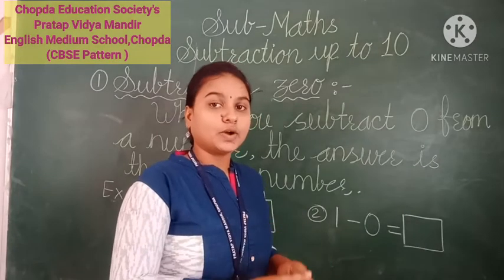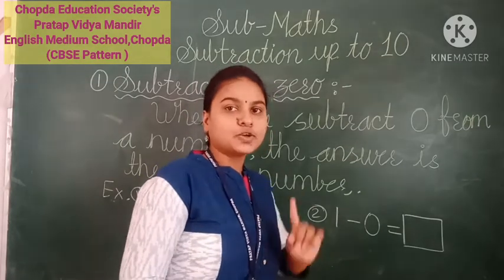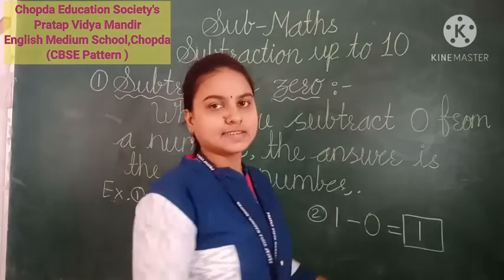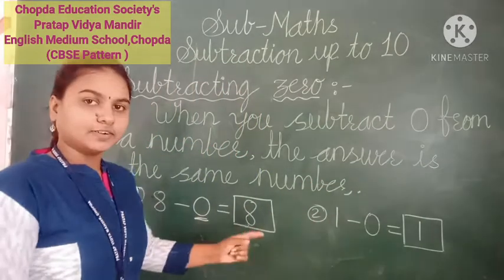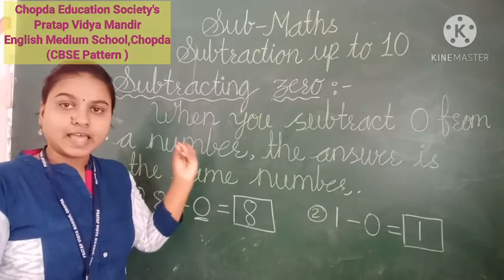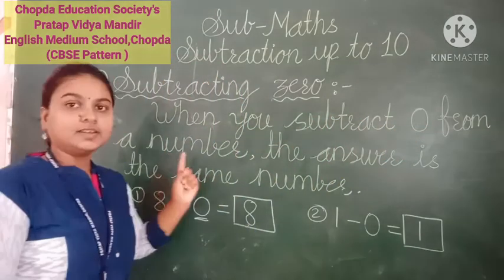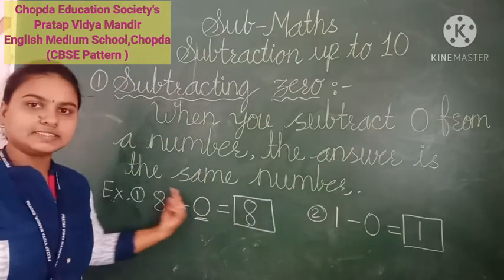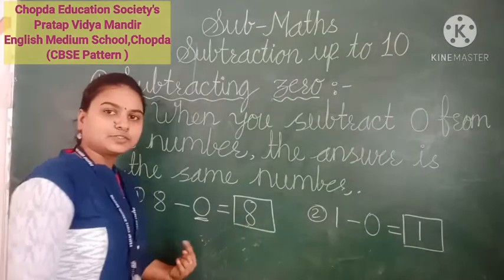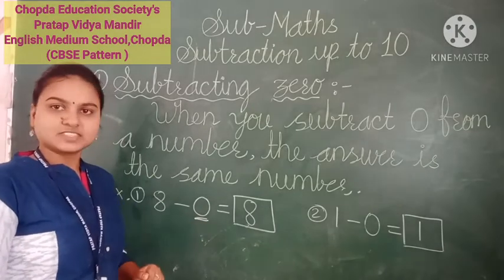When we subtract 0 from 1, 1 is remaining, so we write 1 as the answer. We use this property when we solve these subtractions.